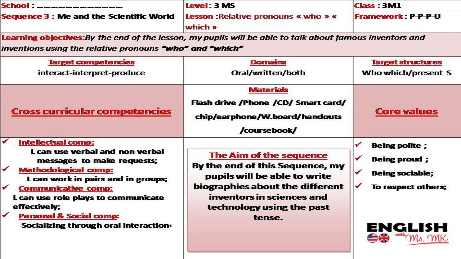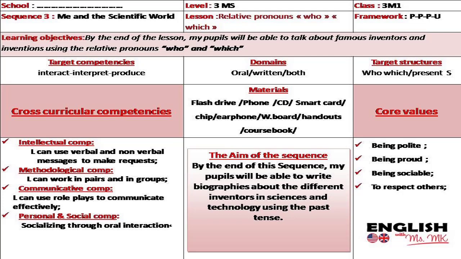You don't say by the end of the lesson my pupils will be able to memorize, or will be able to know, or will be able to learn, because this is receptive and it is not concrete. But if you say your pupils are going to write, perform, talk, use, compare, here you're making your pupils get involved in the learning process, and by the end they should perform something based on their understanding of the lesson.